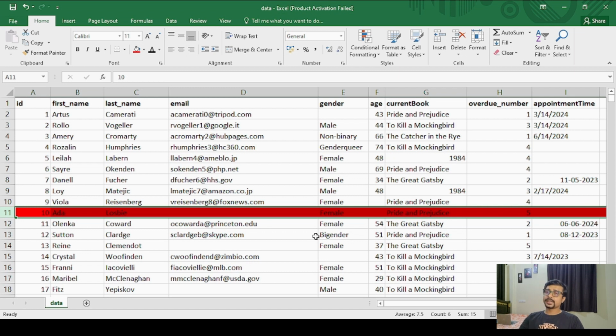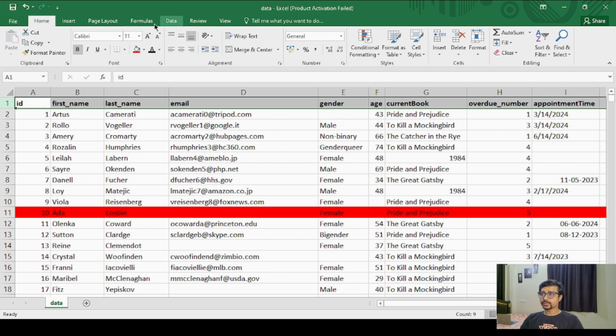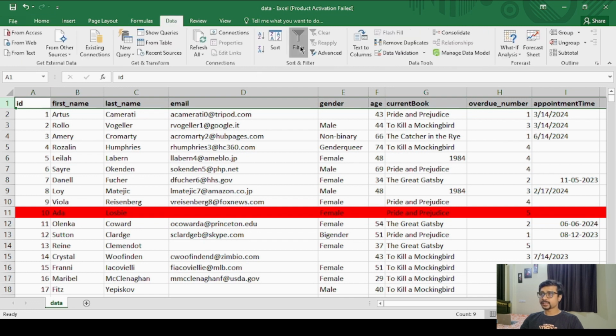Next, let's apply a filter. Think about the gender, where I have a blank gender. You can see that I have this many genders, but some of the cases have a blank gender.